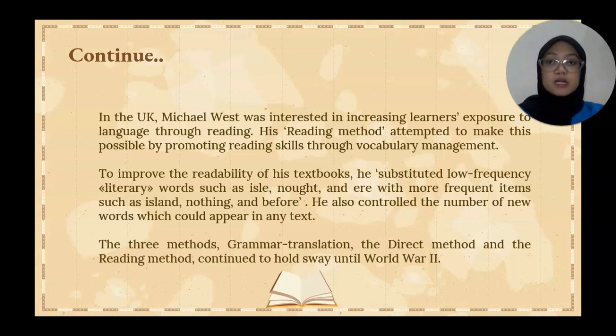To improve the readability of his textbook, he substituted low-frequency literary words such as usual, now, and area with more frequent items such as Iceland, nothing, and before. He also controlled the number of new words which could appear in any text. So, the three methods, grammar translation, the direct method, and the reading method, continued to hold sway until World War II.